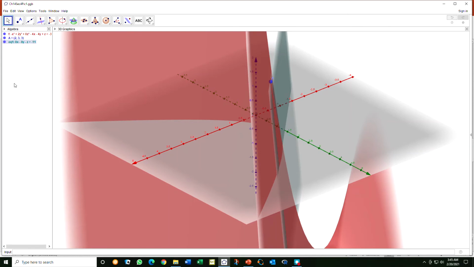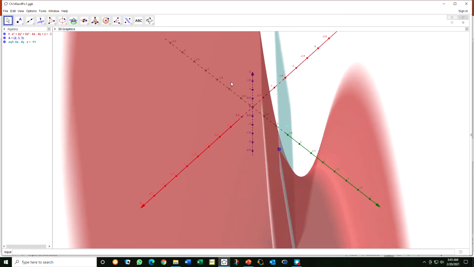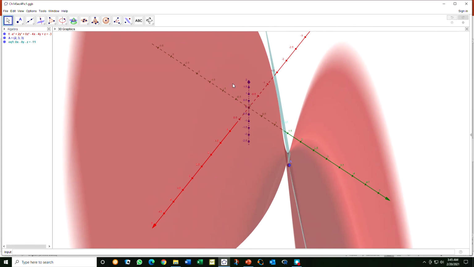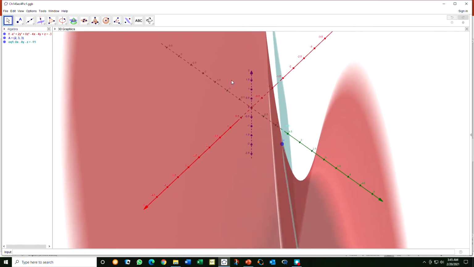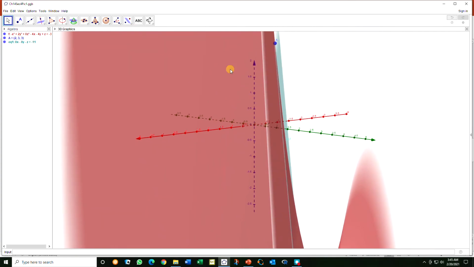Let me see if I can turn the plane itself off. Yeah, so that plane, is that tangential to the surface there? Yep, it is. Okay, somehow not such a clear one, but it's there, and you have the ability to draw surfaces like this, and planes and all kinds of things.